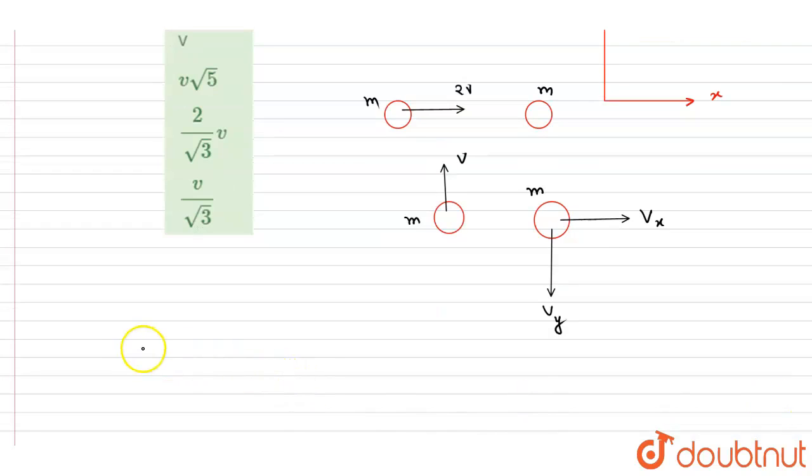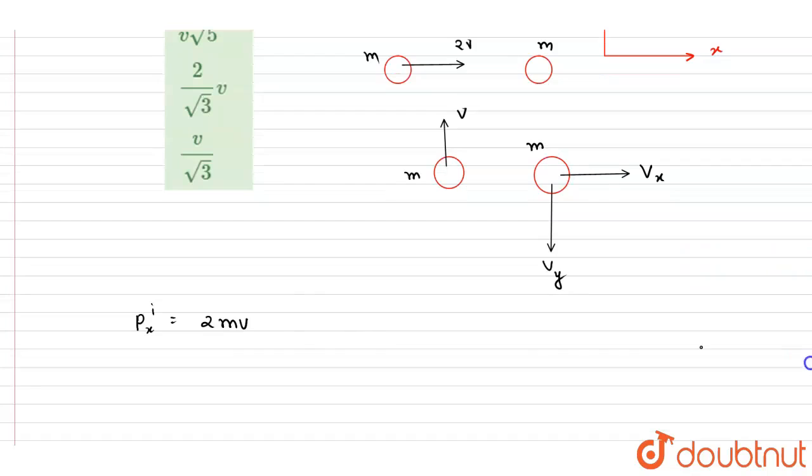So if you see here, the momentum will remain conserved along the x-axis and along the y-axis. The momentum along the x-axis before the collision was 2mv, right? Before the collision there was no momentum in the y direction.